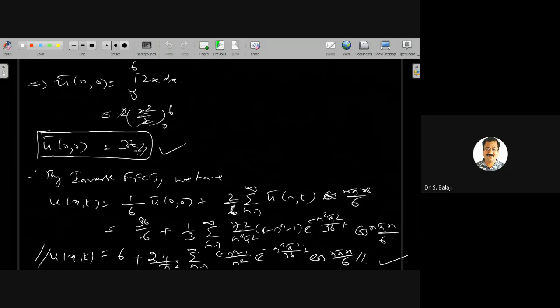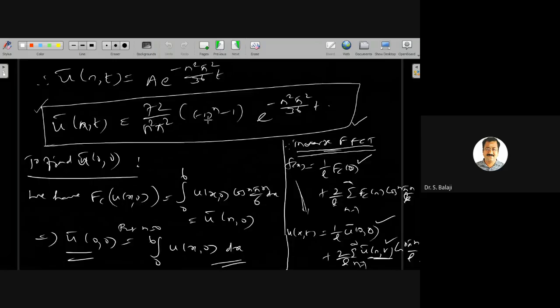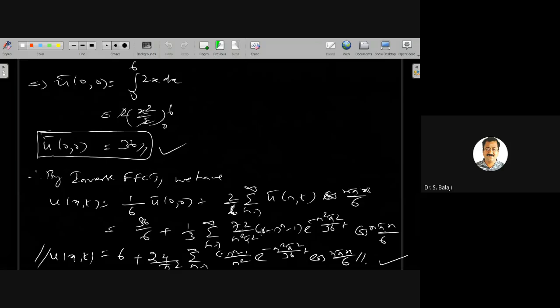Substitute u bar of 0 comma 0 equals 36: 36 by 6 plus 1 by 3 summation. We have already computed u bar of n comma t as 72 by n square pi square times (minus 1 to the n minus 1), times cos(n pi x by 6).